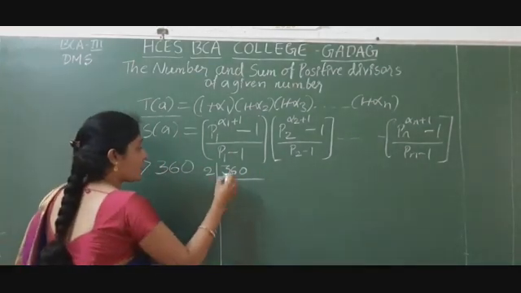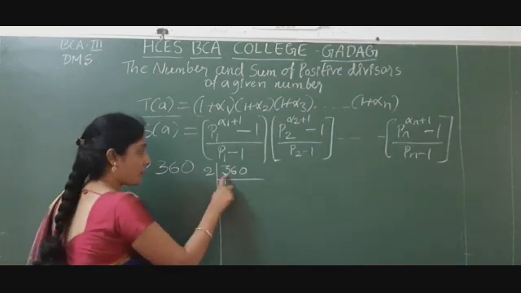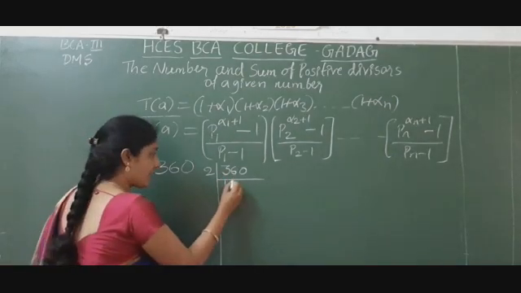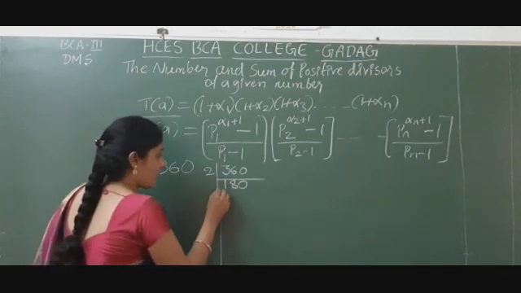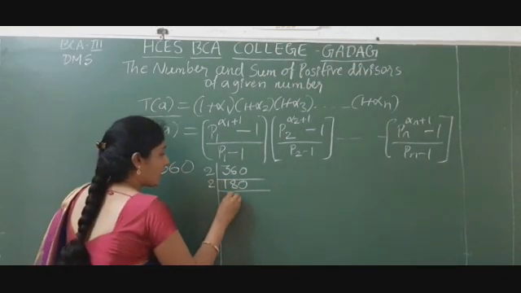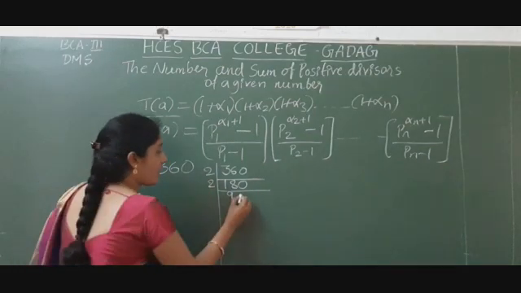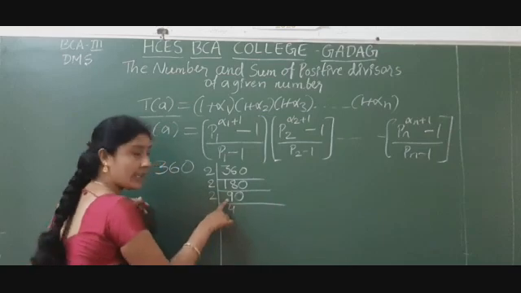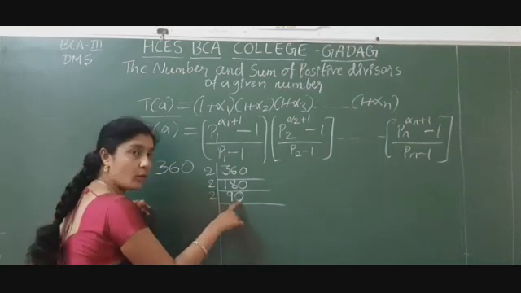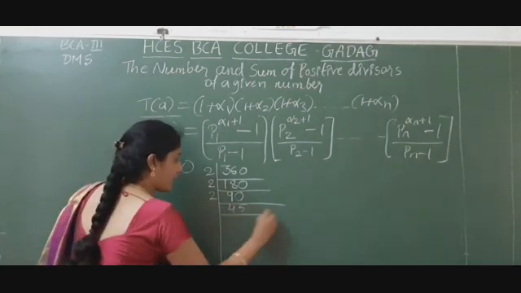So, 2 ones are 2, 1 remains, 16, 2 8s are 16, and then comes 0. Next, 2 9s are 18, then comes 0. Next, 2 4s are 8, 1 remains, 10, 2 5s are 10.